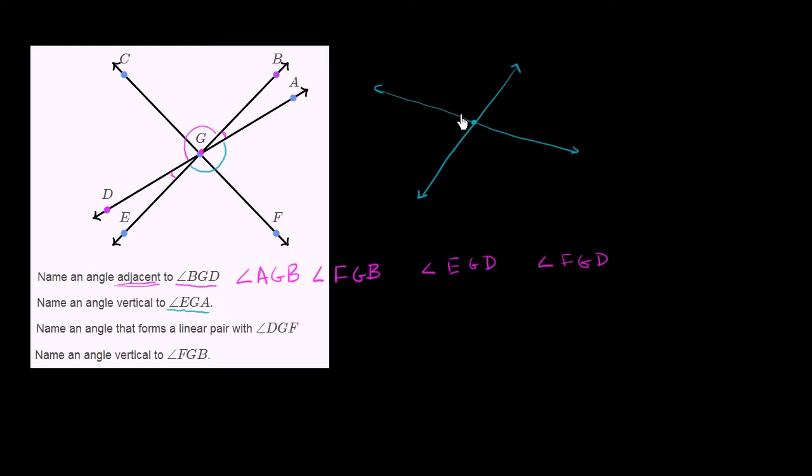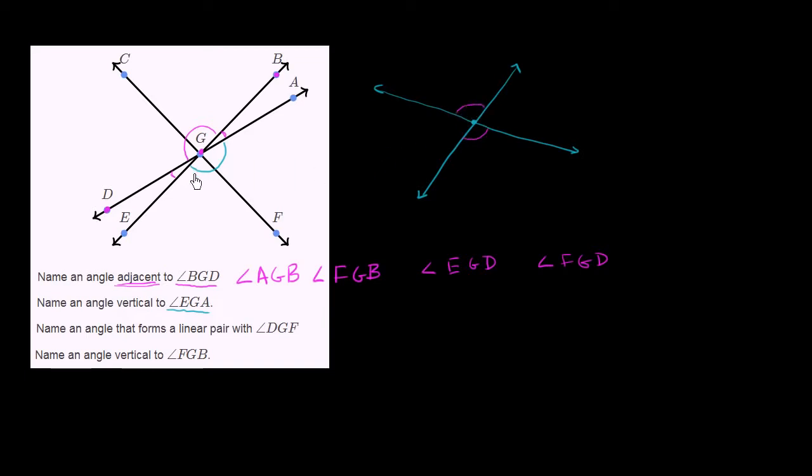This is forming four angles, or you could imagine it's forming two sets of vertical angles. So if this is the angle that you care about, its vertical angle is the one on the opposite side of the intersection. It's one of these angles that it is not adjacent to. So it would be this angle right over here.